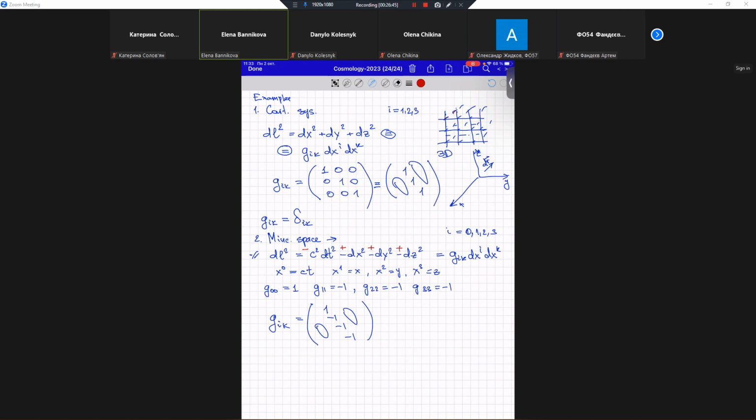But for me and for our school, this is not convenient, so we use this signature. So this is an example for special relativity.